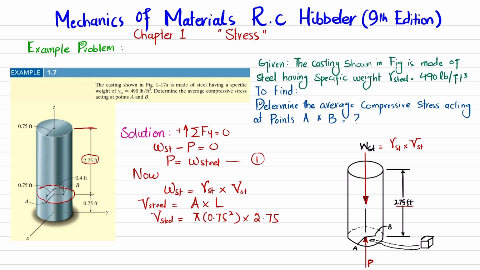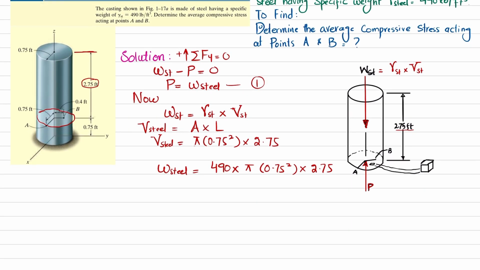Now if we multiply this with gamma, it will give you the weight of steel. So the weight of steel will be equal to gamma, which is 490, multiplied by the volume, which is pi multiplied by 0.75 square multiplied by the length 2.75. So put the value of W of steel in equation number 1.